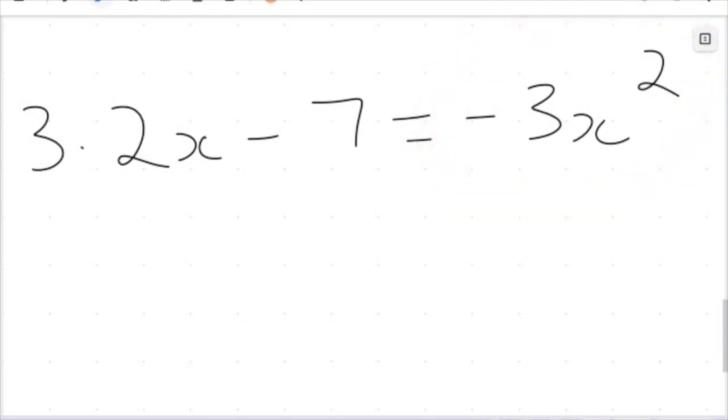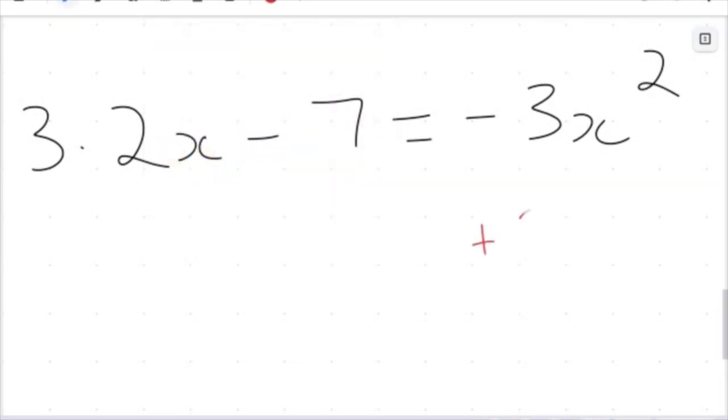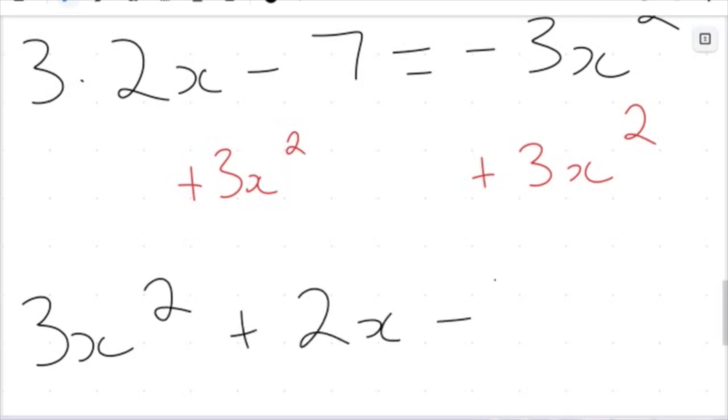Now, to get this to 0, I have to add 3x squared, because no matter what x squared or x is, adding 3x squared to negative 3x squared is going to give me 0. And I'm going to do that to both sides here. And I wind up with positive 3x squared plus 2x minus 7 equals 0.